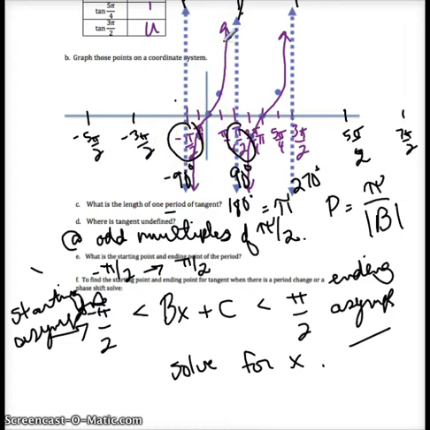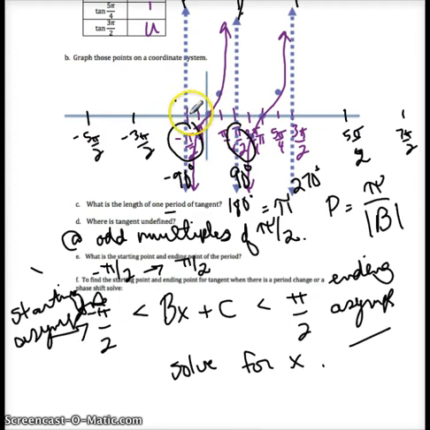A couple of other things I want to point out. I want you to see that tangent crosses the x-axis halfway between the two asymptotes. What's halfway between negative pi over 2 and positive pi over 2? 0. What's halfway between pi over 2 and 3 pi over 2? Pi. So we cross the x-axis halfway between the asymptotes.